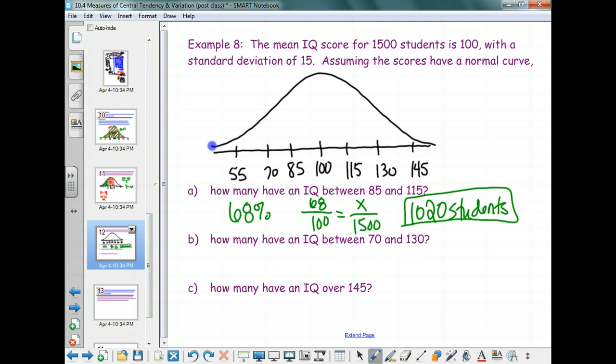How about between 70 and 130? Same thing, but with 95%. So 95 over 100 equals X over 1,500.